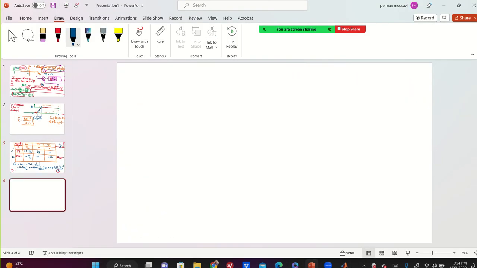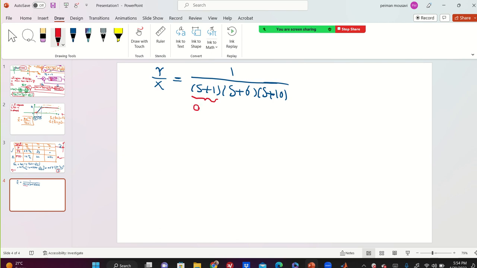Suppose that your y over x is 1 over s plus 1, s plus 6, s plus 10. What's the order of the system, for God's sake? Yes, but you don't have to do it by hand, because this is a vector A: 1, 1.